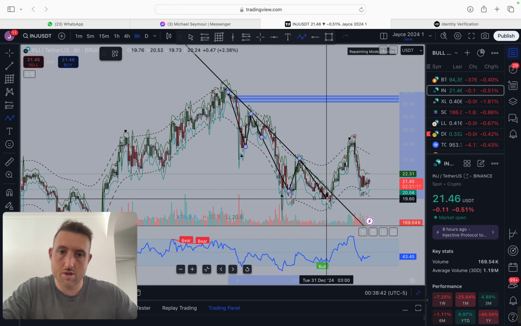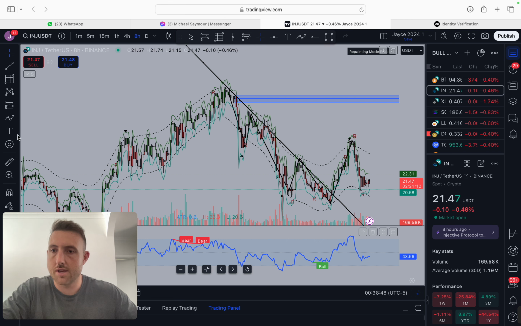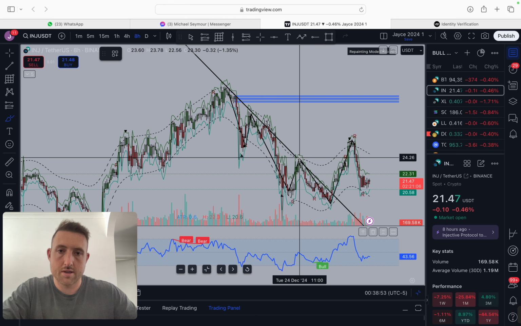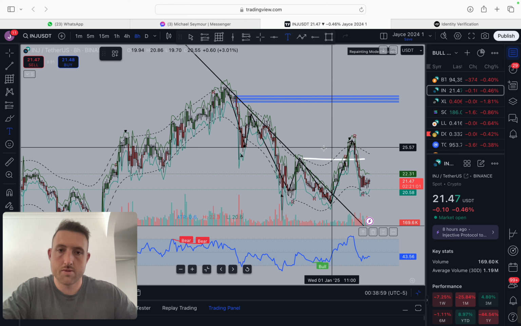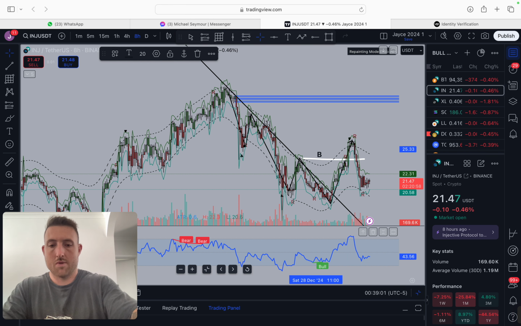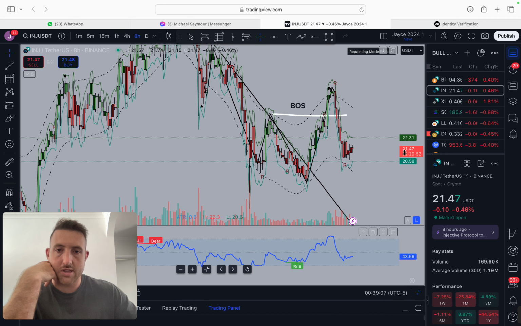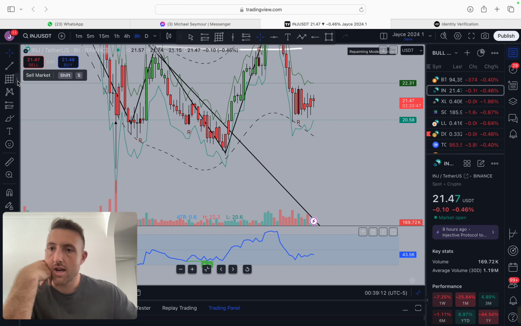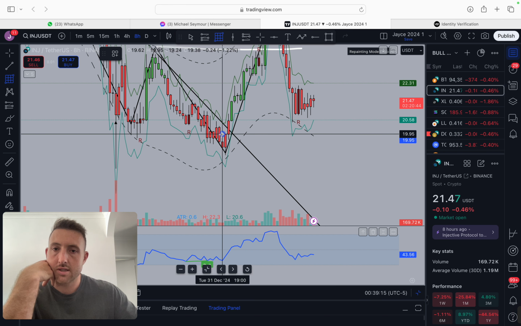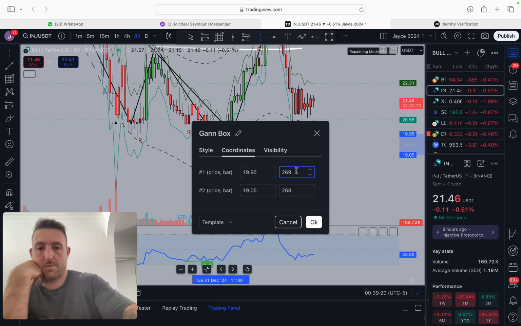We've gone lower low, lower high, and right here is what we call a break of structure. So when we've done this move, we've left behind an order block that needs to be filled again at the bottom of this move, which is down here. That needs to be mitigated, guys.